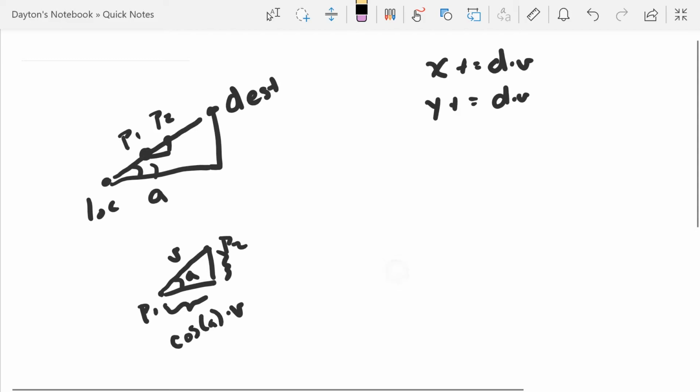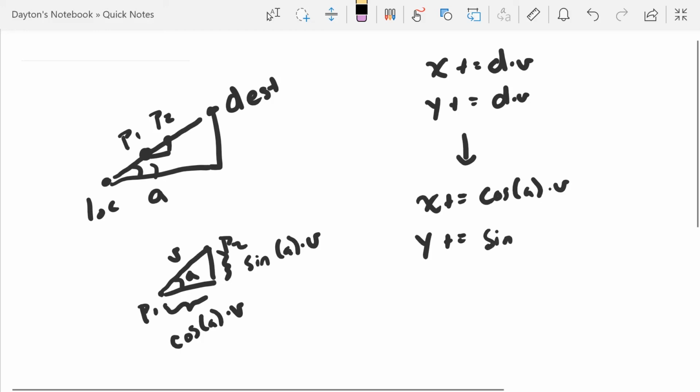And then the y increase is sine A times V. So this update logic becomes x increasing by cosine A times V and y increasing by sine A times V. And so as long as we know what A is, we know how to update x and y with each iteration of the animation loop. And we can find out what A is because it's the angle between the location and the destination, and we know both of those things.